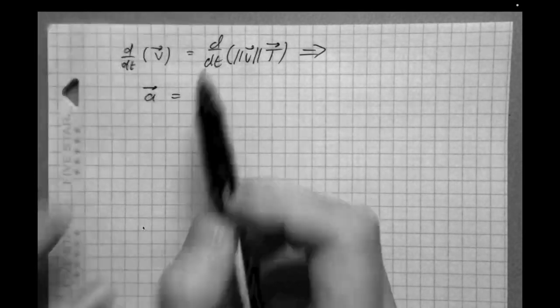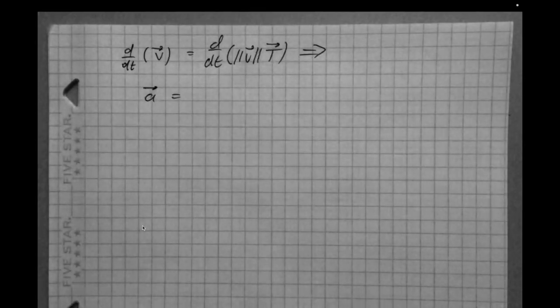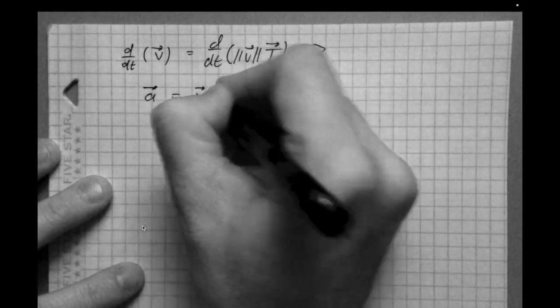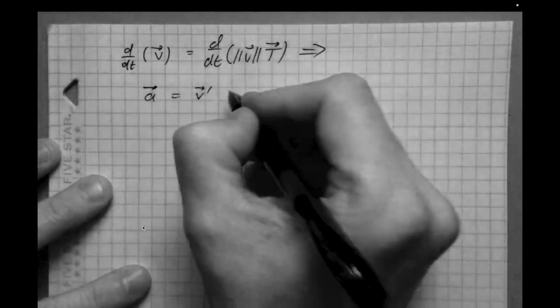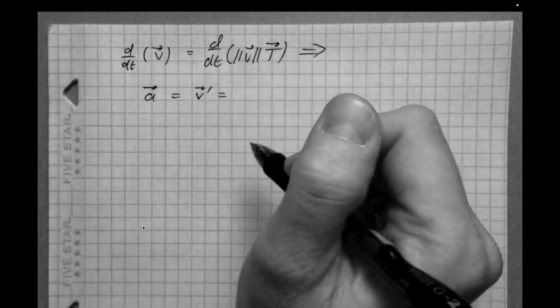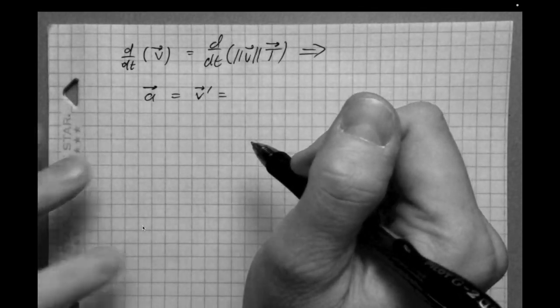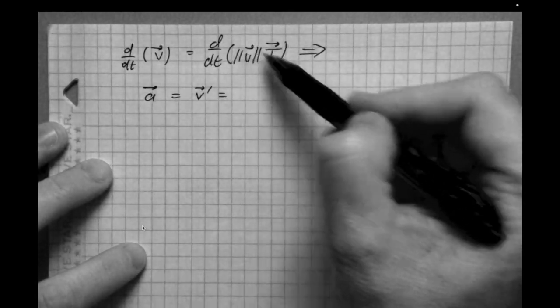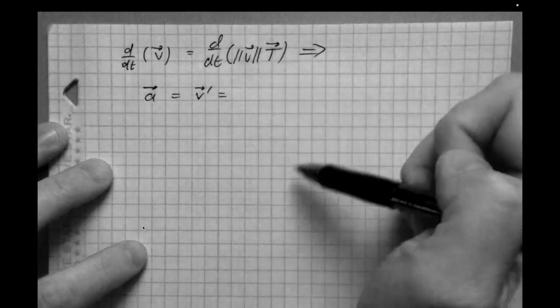Well, let's see here. This is the derivative, but I'm also going to write v prime, okay? And then we need to differentiate this thing here, right? So this is going to be kind of a product rule kind of thing. So this is a function of t. This is a vector valued function.